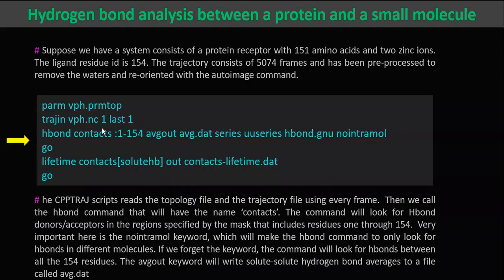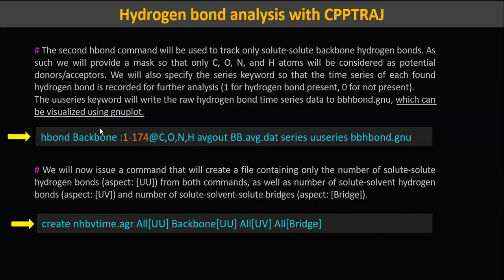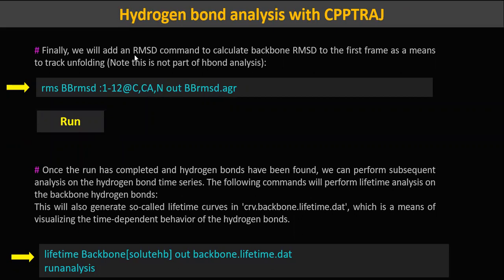Okay, so you need to use this specific command so that you get the hydrogen bond for the backbone. And another thing that you need is to add an RMSD command to calculate backbone RMSD to the first frame as a means to track unfolding.